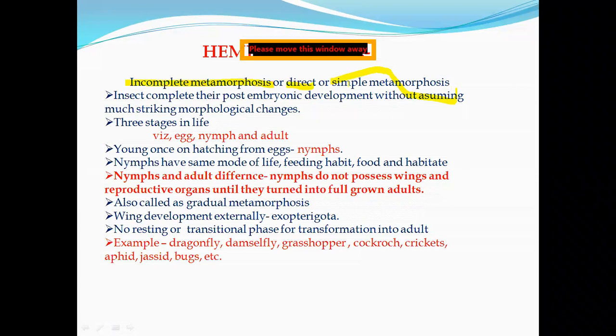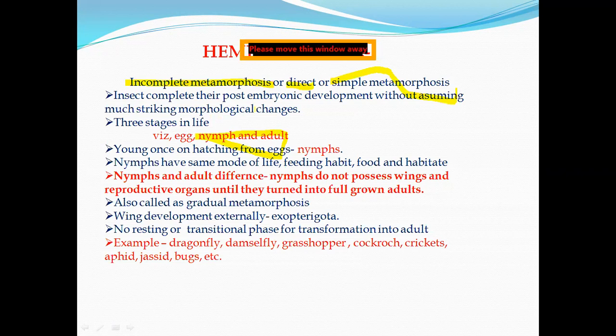Because a lot of insects come under this, as these insects complete their post-embryonic development without assuming much striking morphological character change. It means when the eggs hatch and these nymphs come out, there are no changes, only slightly some morphological differences, only a few characters are absent in the nymph.